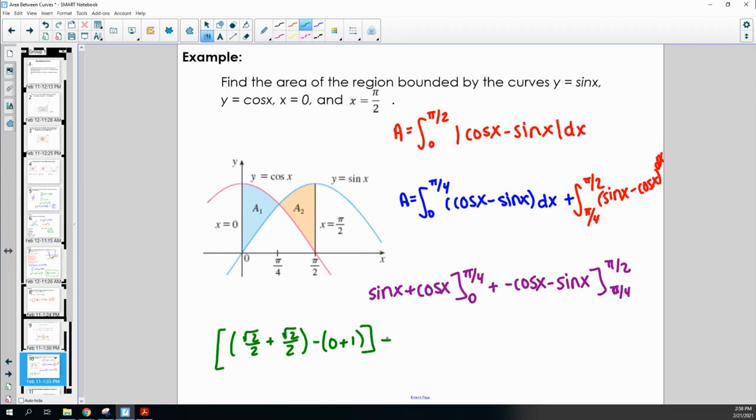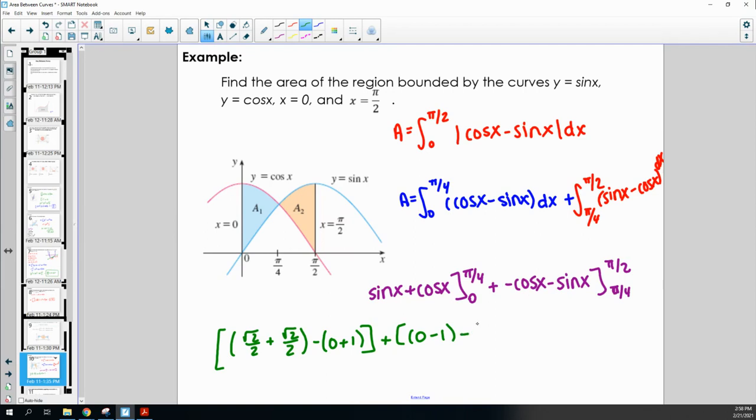And then we're going to add to that the next antiderivative, plug it in. So we plug in pi over 2. So negative cosine of pi over 2 is going to be 0. And then we have minus the sine of pi over 2, which is 1.